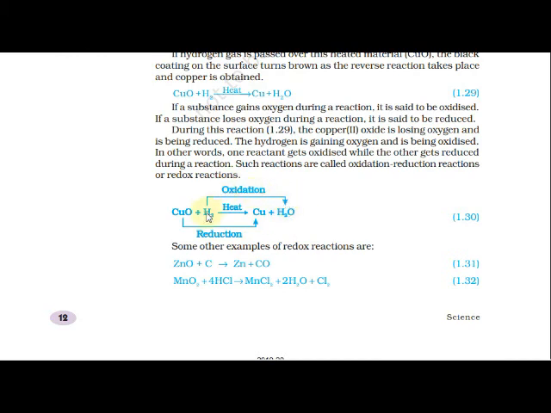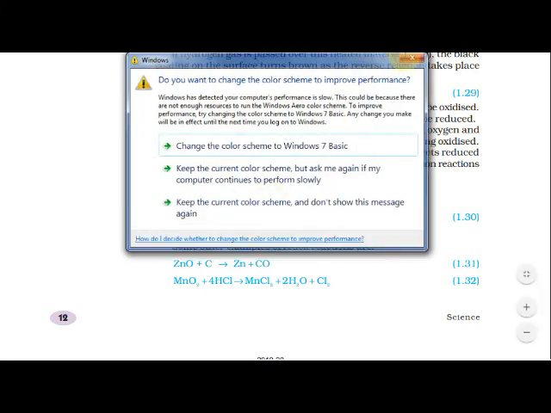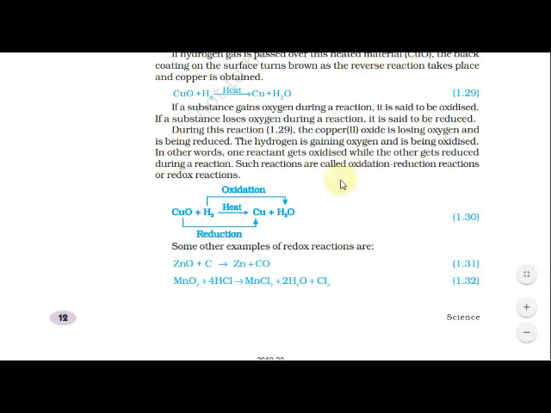In this reaction, H2 gains oxygen, that is why it is oxidation. And from CuO only Cu is formed, meaning it lost oxygen, so it is known as reduction. When oxygen is lost, reduction. When oxygen is gained, oxidation.